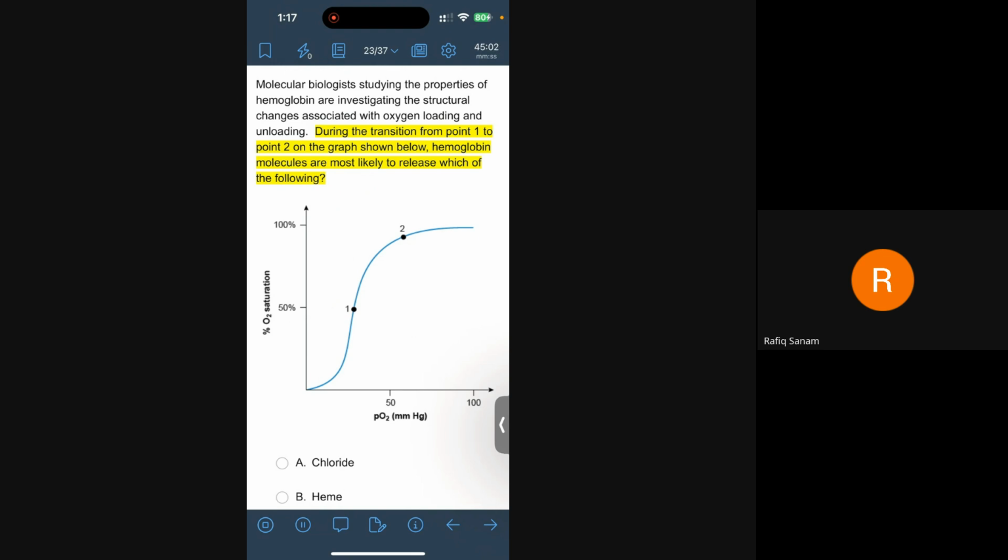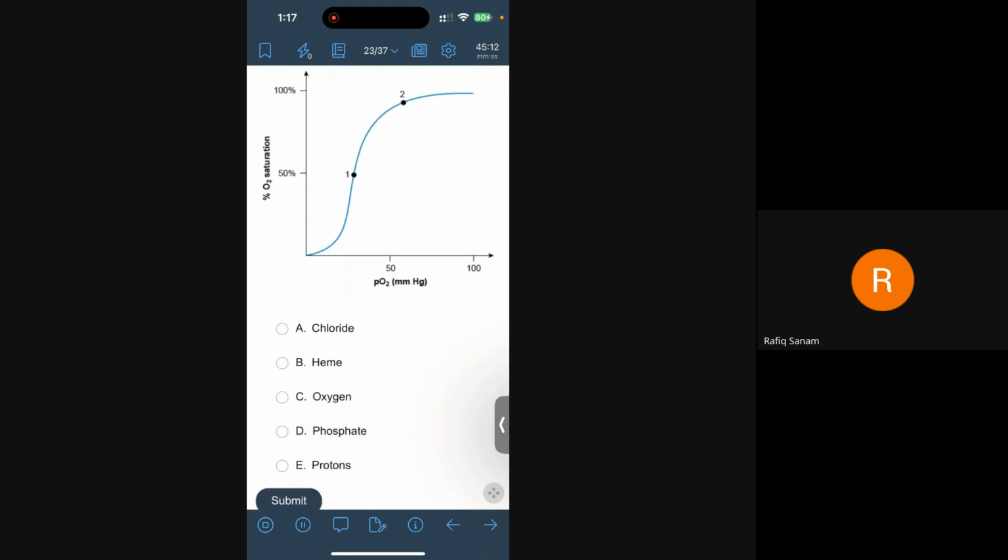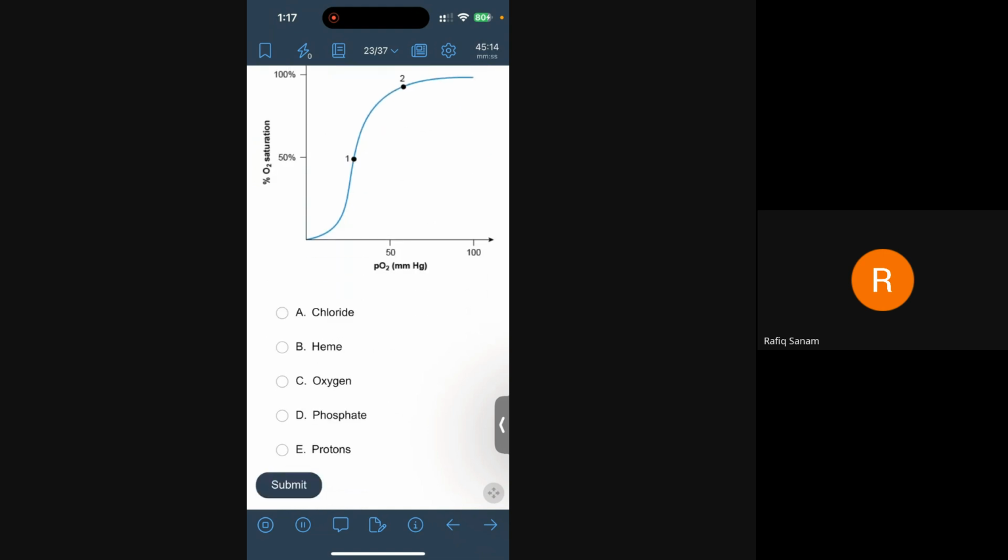Okay, which of the following is most likely to be released from the hemoglobin molecule? Oxygen saturation increases from 50 to 100%, from point 1 to point 2.